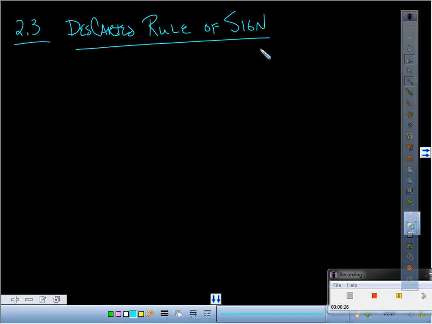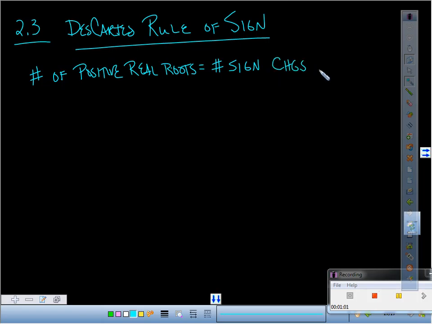Descartes' rule of signs. Now, here's what Descartes' rule of signs says. It says the number of positive real zeros or roots, let's put roots, is equal to the number of sign changes in f of x.